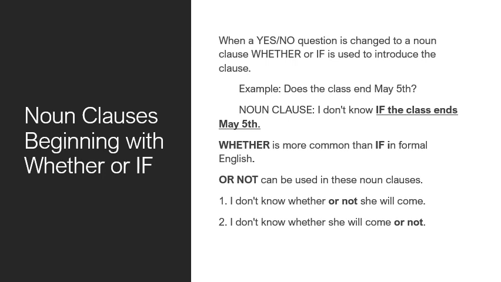In this case, you can also use if. I don't know if she will come or not. The one thing you cannot do with or not is use it right after if. In English, you could not say, I don't know if or not she will come.